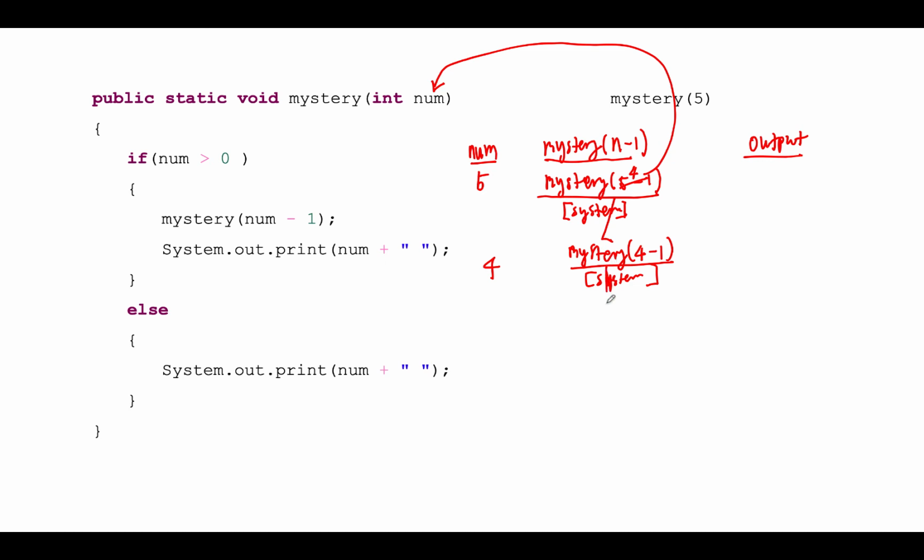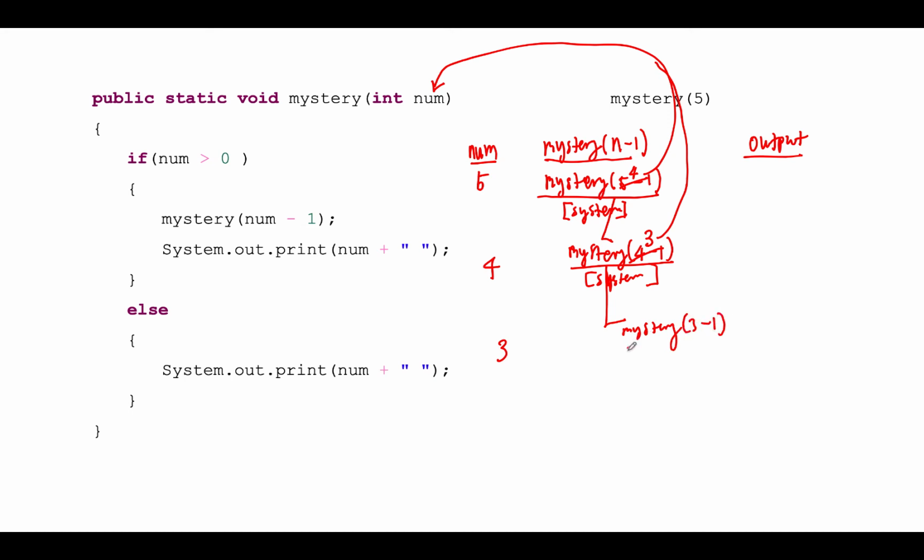Now this mystery 4 minus 1 is going to pass in 3 to the mystery call, and at this point our num is 3. Because 3 is greater than 0, we're going to call mystery 3 minus 1.